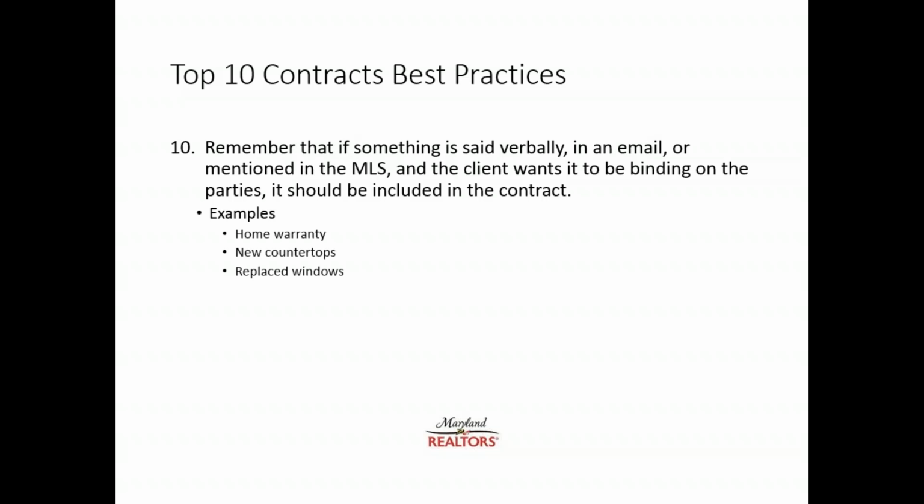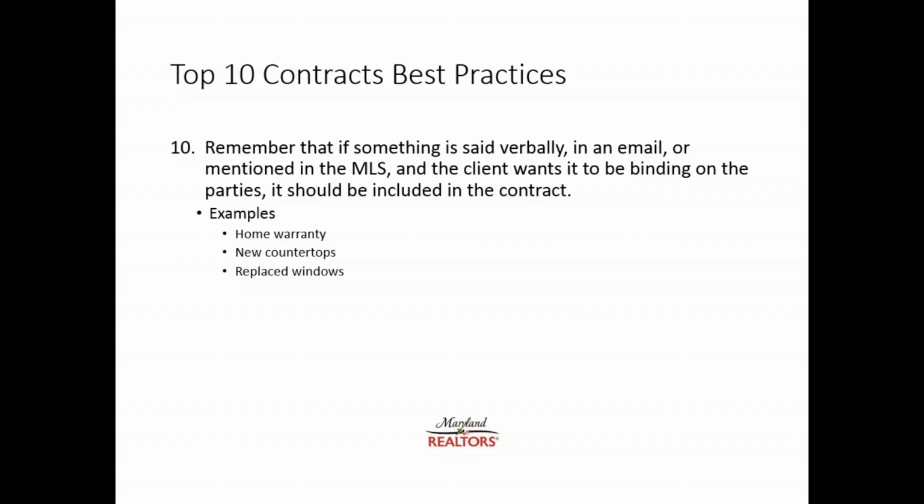And then finally, number 10, remember that if something is said verbally, in an email, or mentioned in the MLS and the client wants it to be binding on the parties, it should absolutely be included in the contract. And that also brings me to the point that in the Maryland Realtors contract, paragraph 59 on page 10 says that the contract and any addenda contain the final and entire agreement between the parties.